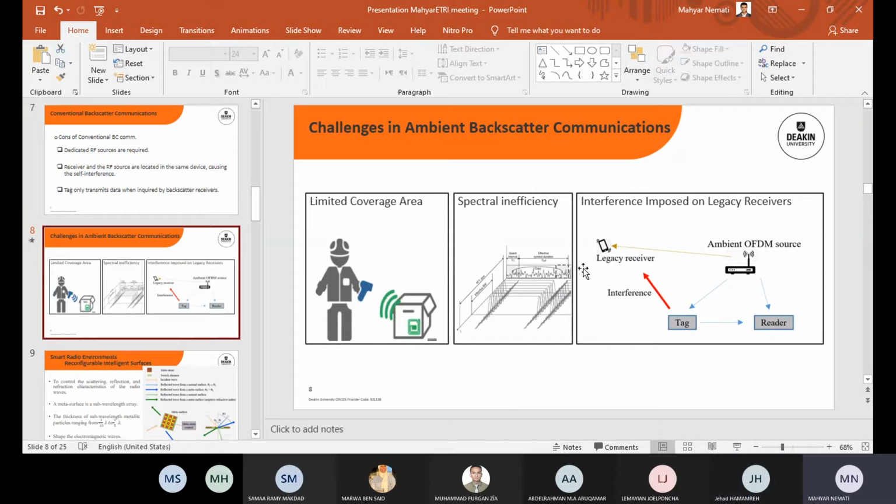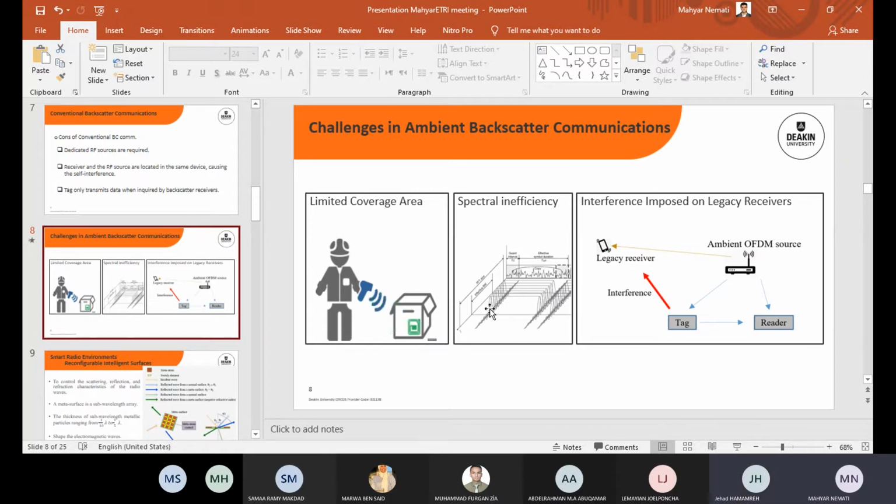Another thing, which is common for other paradigms as well, is spectral efficiency. Most of the time, these backscatter devices use, for example, on-off keying modulation techniques. It will either make the power of the received signal zero, or send nothing, as bit 0, or it will retransmit the received signal without any modulation, as bit 1.